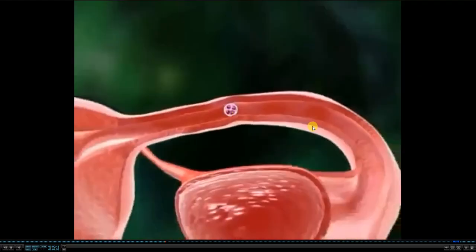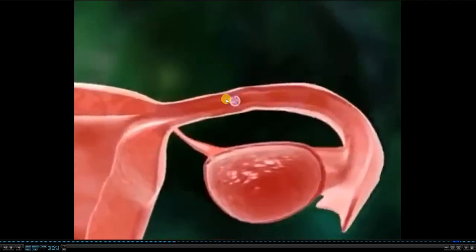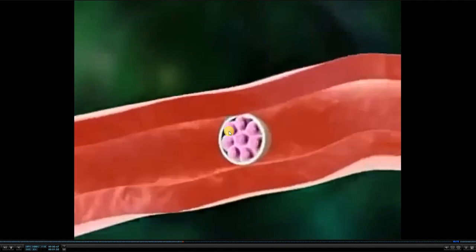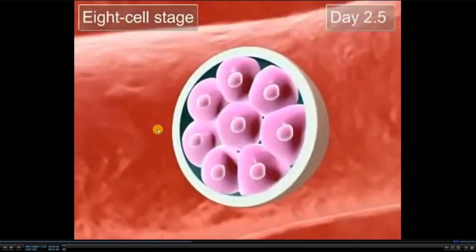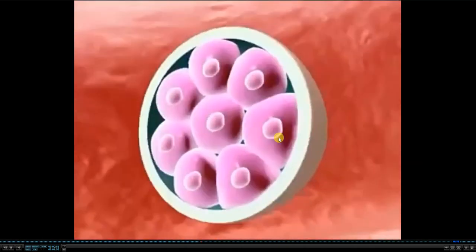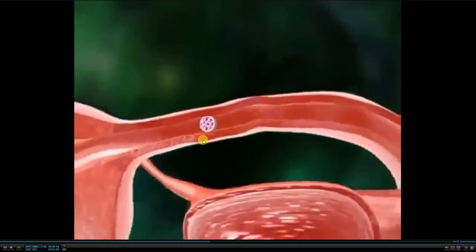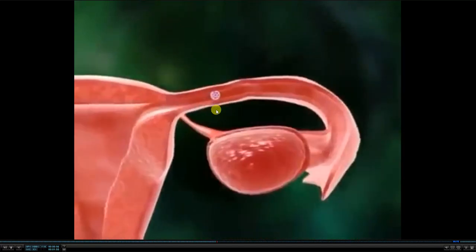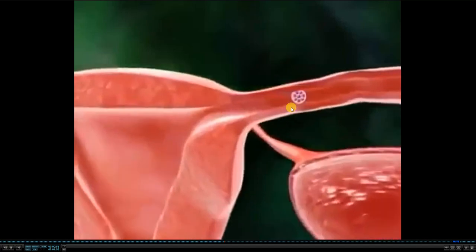Then the 4-cell stage, and in 5-6 days this embryo moves along the fallopian tube inside the zona pellucida. What is the role of the zona pellucida here? It prevents the expanding growth of this embryo.